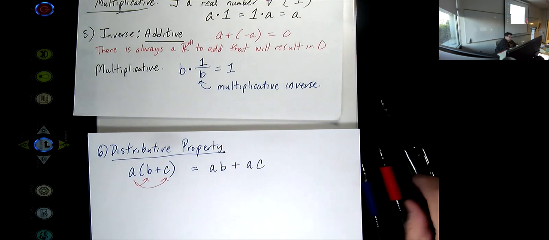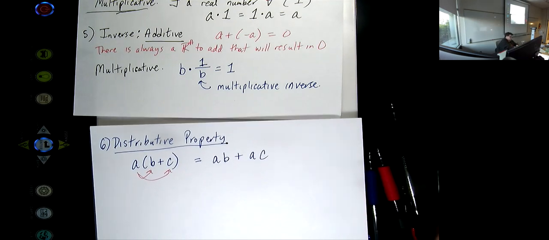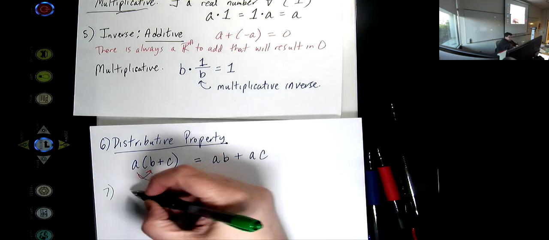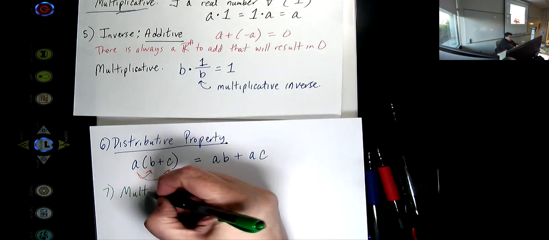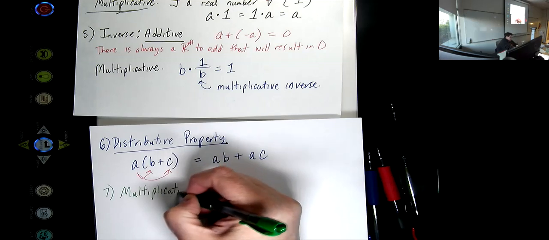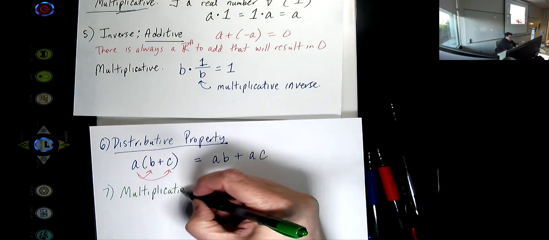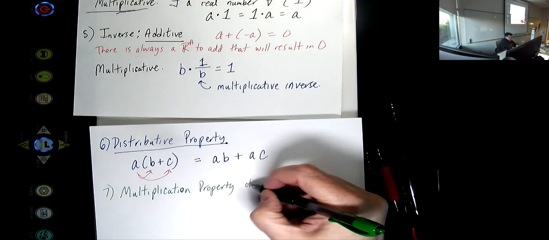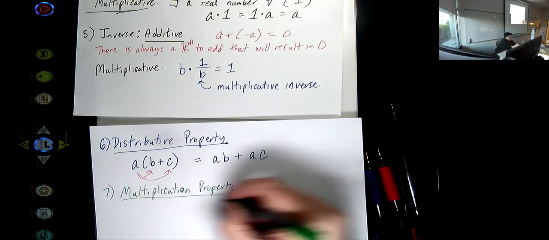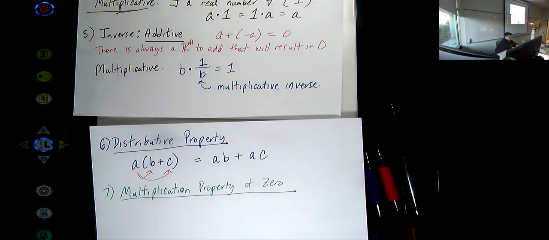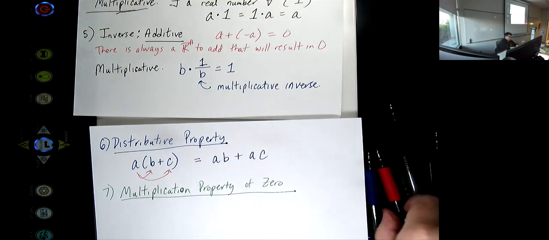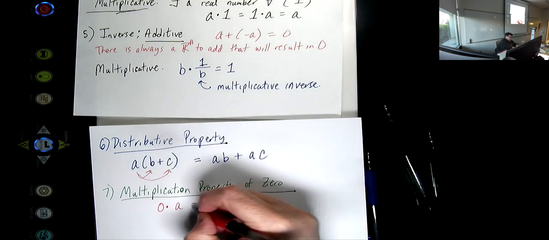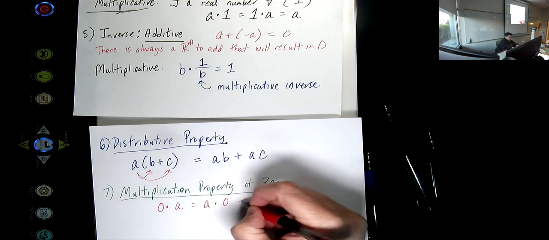That one's pretty important. And the other one that is really important, and you're going to be like, that's lame, but it's super important: the multiplication property of 0. 0 times a is a times 0, which is 0.